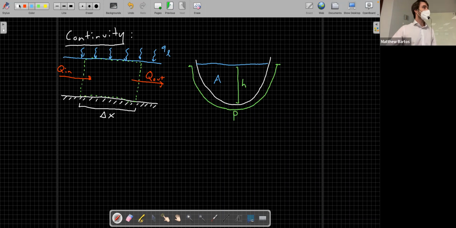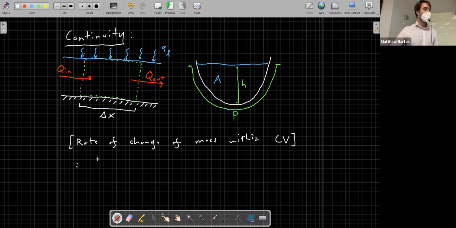So for continuity, all we're saying is that the rate of change of mass within the control volume is equal to mass flow rate in minus mass flow rate out.